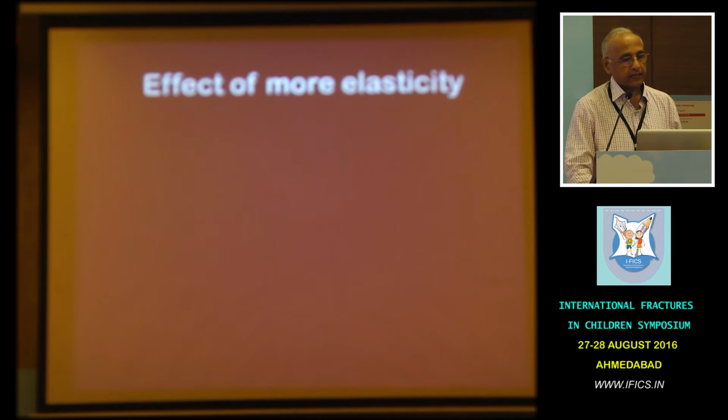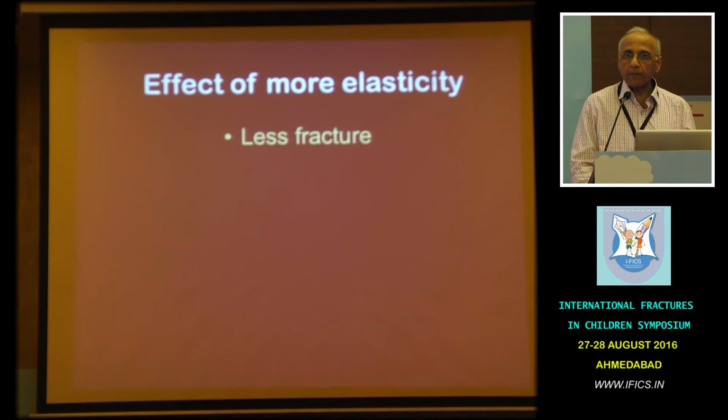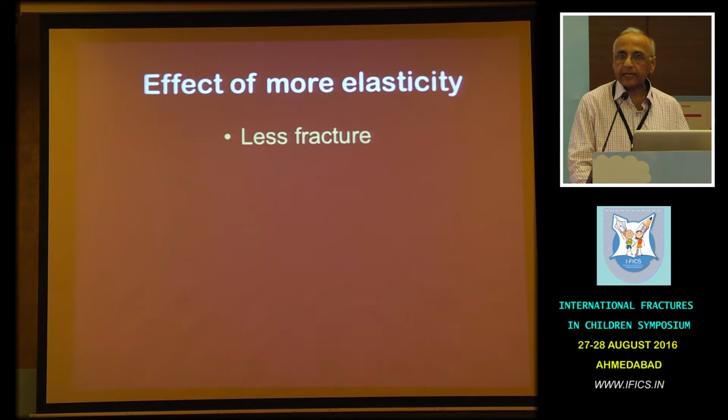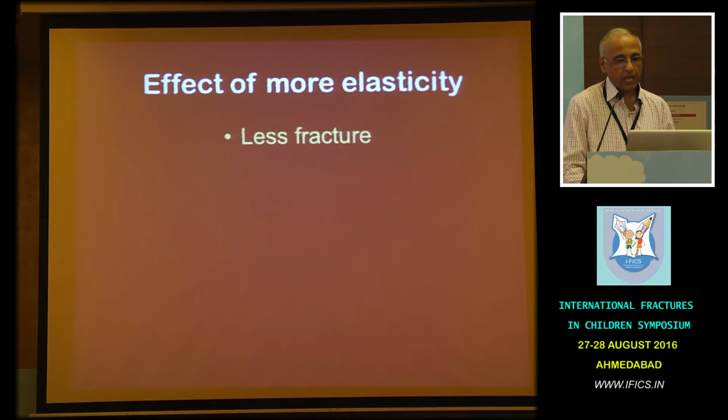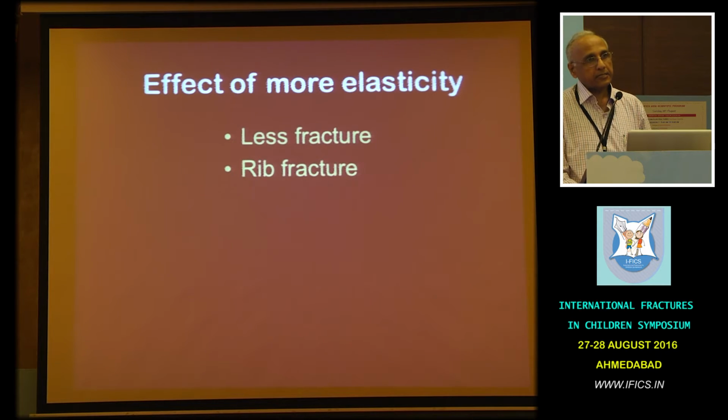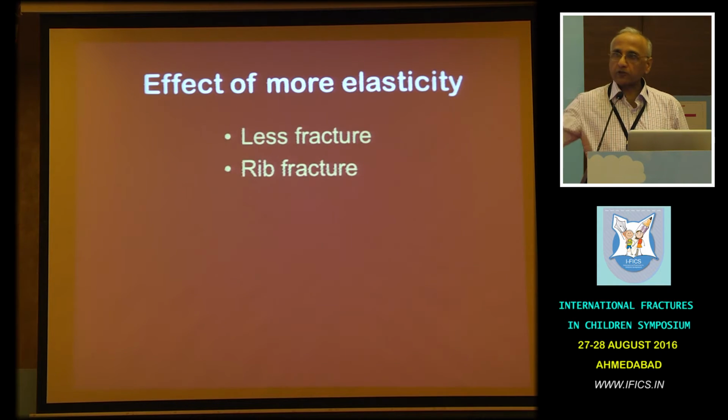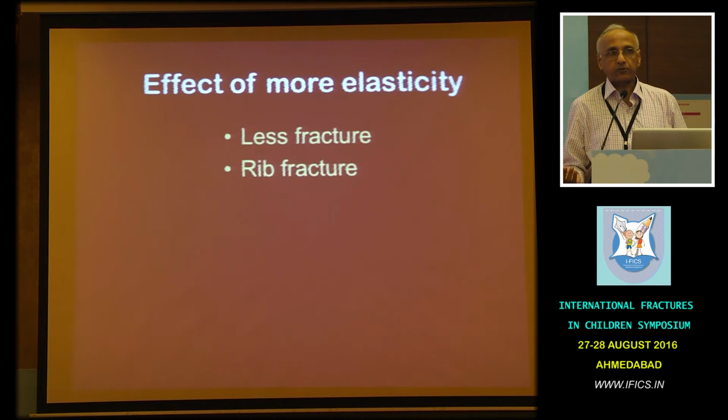Now what is the effect which we see clinically? Compared to adults, they are less likely to have a fracture for the same amount of load. One effect which we see is in the ribs. Because of its shape and structure it's anyway more elastic, but the child's rib is further elastic because of its quality, so it's very unlikely to rupture.